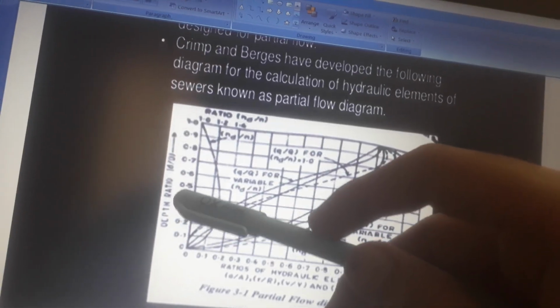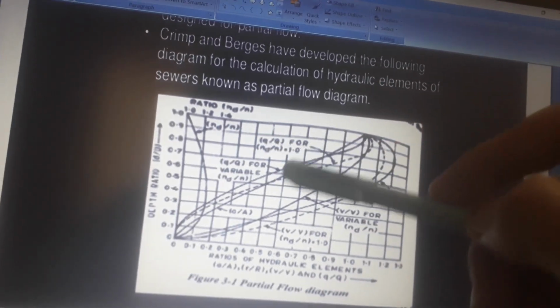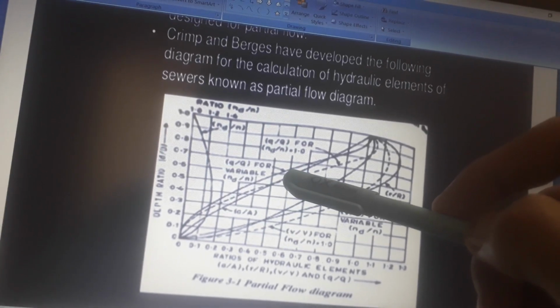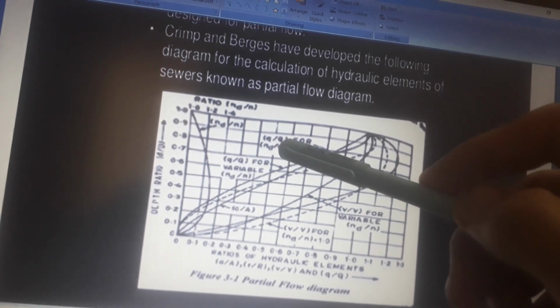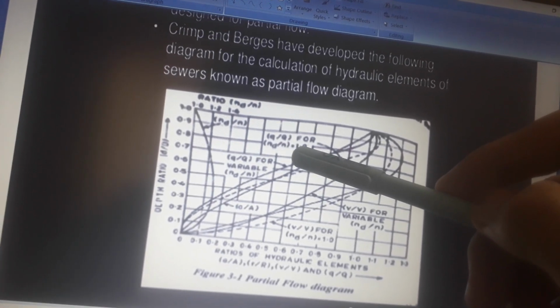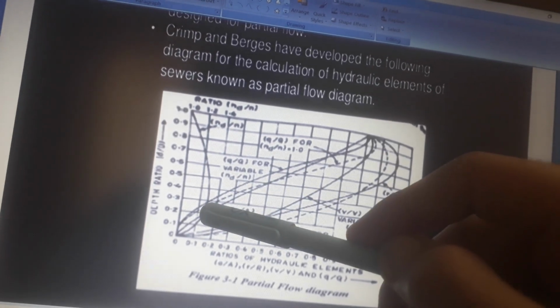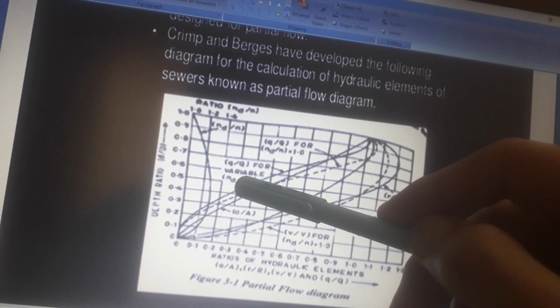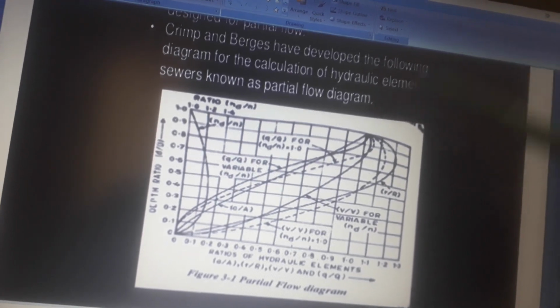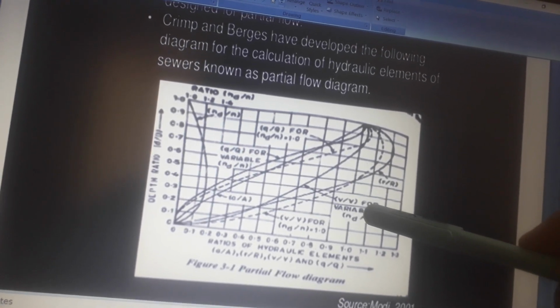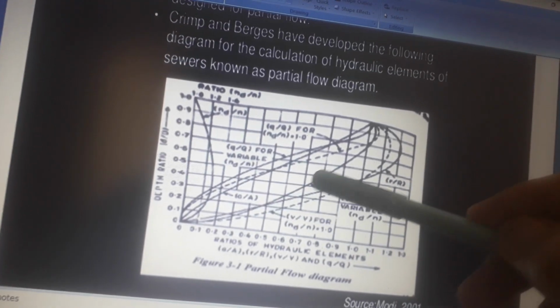On the plot, the ratio d/D is on the axis. This is q/Q for variable n, and d/D for N/n = 1.0. This one is the curve for that. Then q/Q for variable N/n, this one is the curve for that. Then v/V for variable N/n, this is the curve for that.